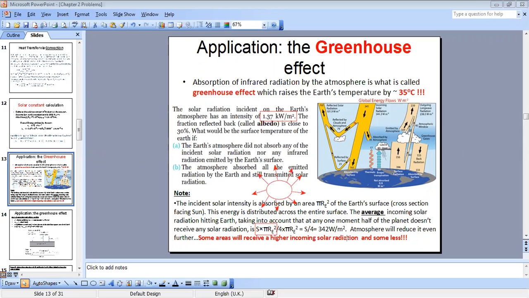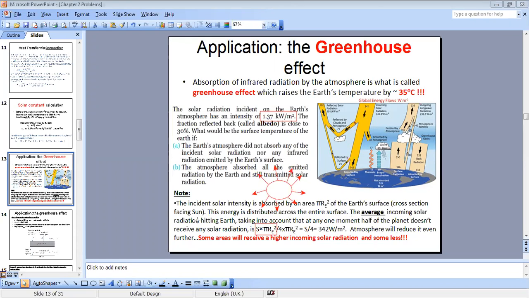Of course, the intensity of emission of the Earth will be smaller than the solar constant because of the areas. The absorbing area is pi r_e squared, while the emitting area is 4 times pi r_e squared. This is why the intensity is reduced. But as we know, the atmosphere will always reduce the fraction.